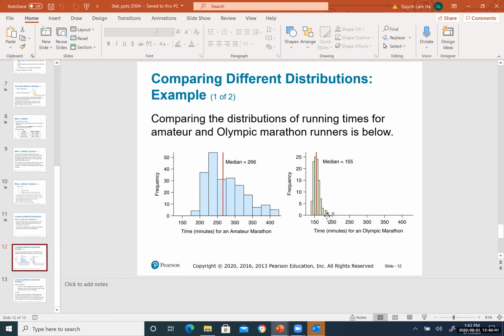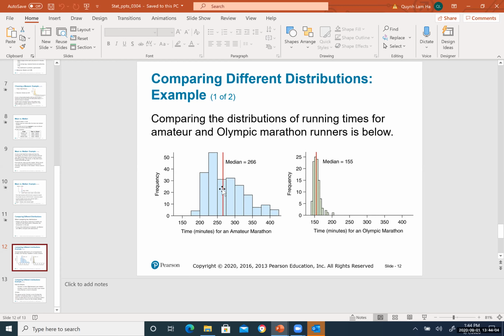So here's one of the examples. Look at these two distributions. You notice the spread. This one, the spread is very short, which is good. It looks like they stick to each other, but look at this one. They have more data in between each column. It means the spread for this picture is big.